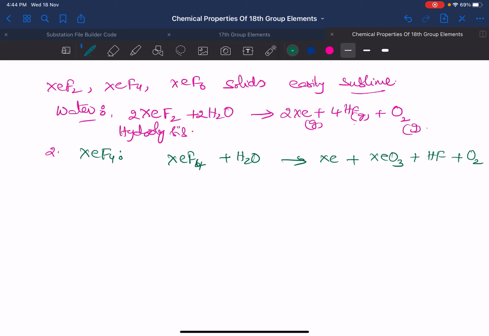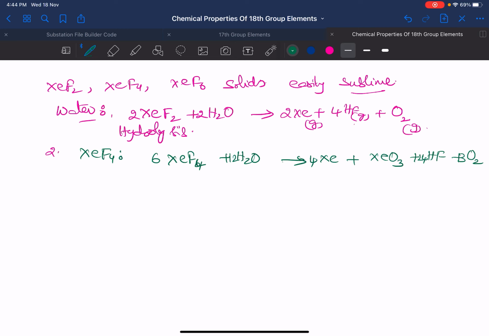So here we will balance the equation: 6XeF4 plus 12H2O gives 4Xe, 2XeO3, 24HF and then 3O2.